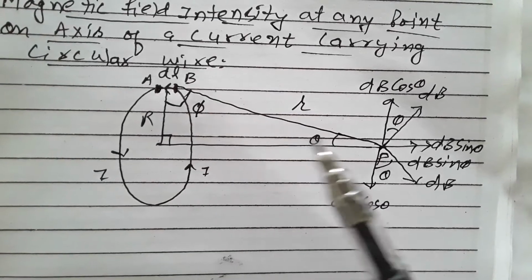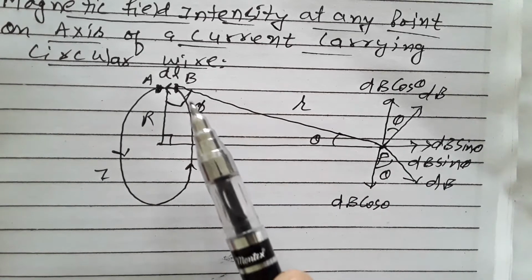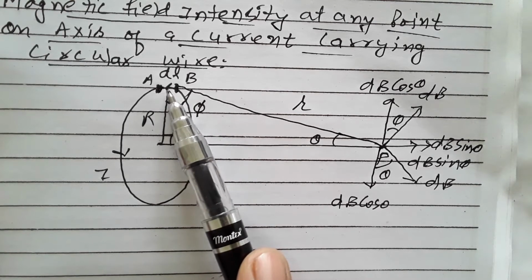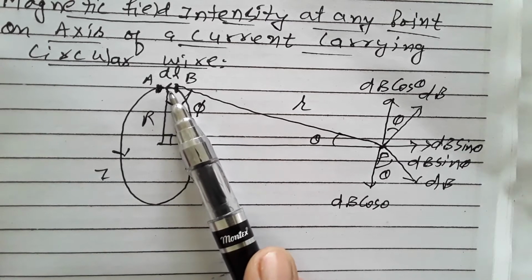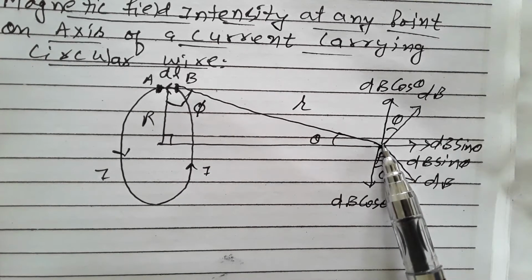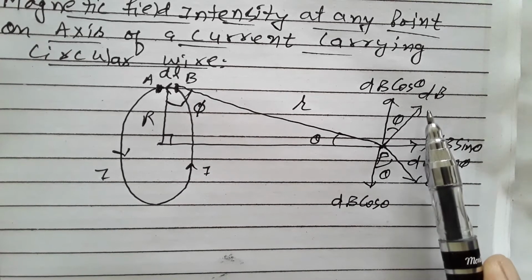At the point P, when current passes through the small current length element dl, a small magnetic field dB will be produced.